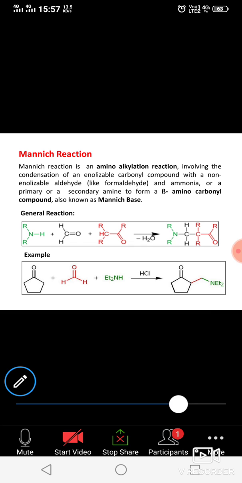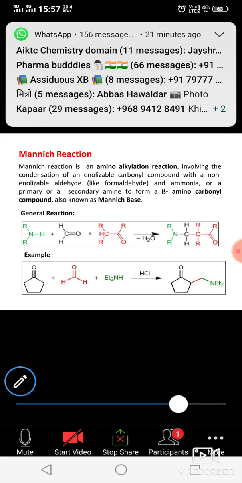One is the enolizable carbonyl compound, second is the non-enolizable aldehyde, and third is ammonia or primary amine or secondary amine. They will undergo condensation reaction, meaning there is a removal of a water molecule, and you will get the beta amino carbonyl compound, which is also known as the Mannich base.